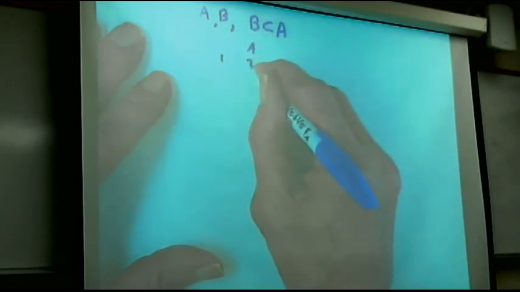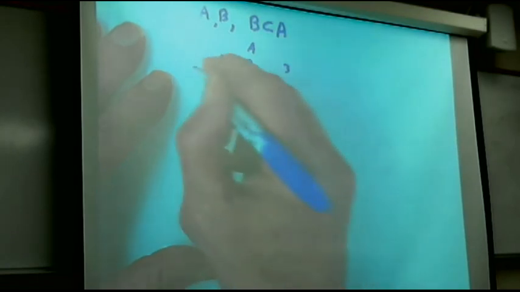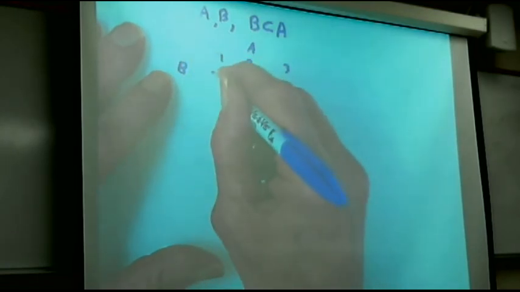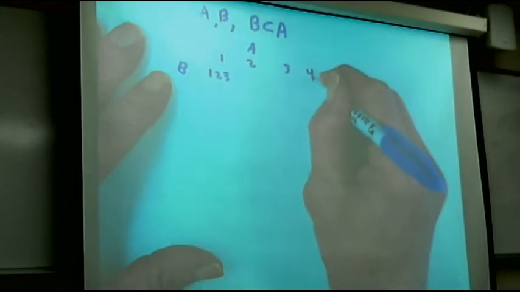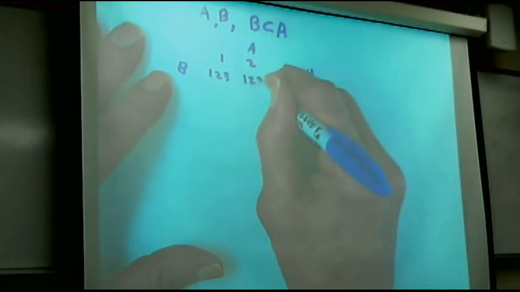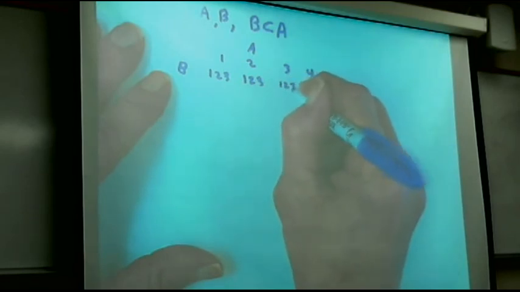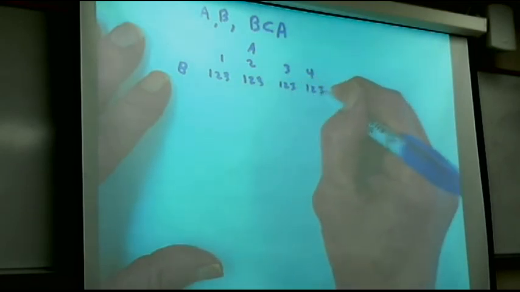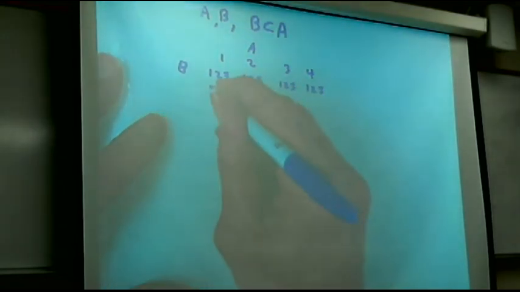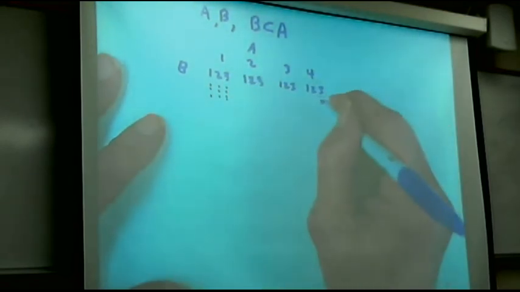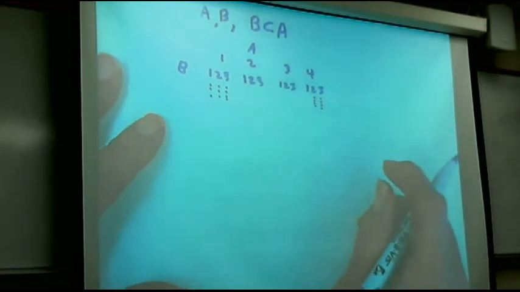A could be 1, 2, 3, and B could be 1, 2, 3, A could be up to 4, say. 1, 2, 3, 1, 2, 3, 1, 2, 3. So we had an example like this earlier in our paperwork here. And then we have data under each of these circumstances. Like that.